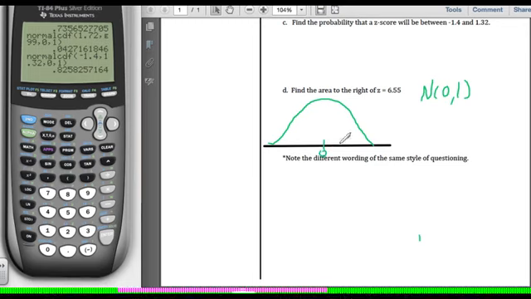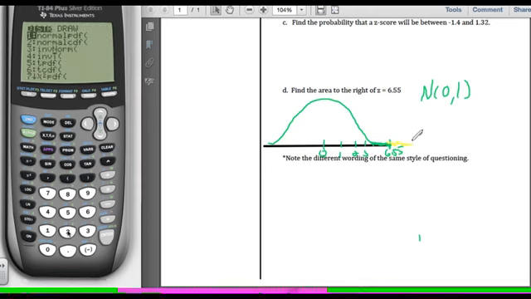So 0, 1 would be here, 2 would be here, 3 would be here. 3 is an outlier, 2 is an outlier. So 6.55, that's way up the curve. And these tails theoretically go on forever. There's just not a lot of room on them, but 6.55 would be up here. And we want to the right of that. So my shading, if I do it in a different color, say yellow, would go all out here, be microscopic. Have hardly anything shaded underneath the curve, so I expect to get a very small answer.